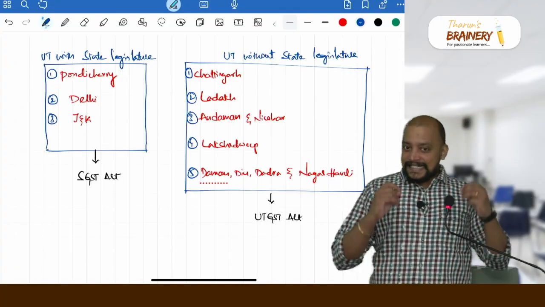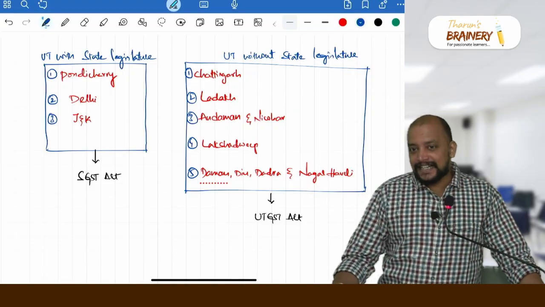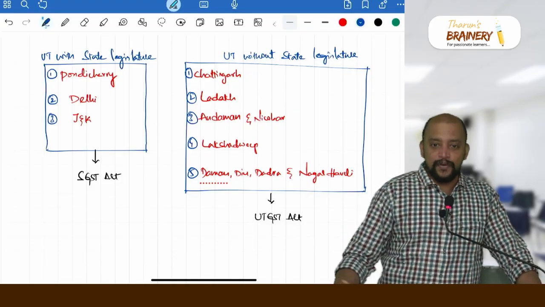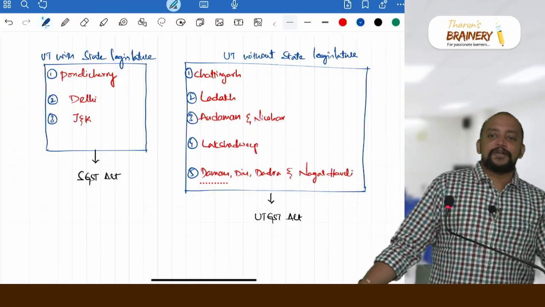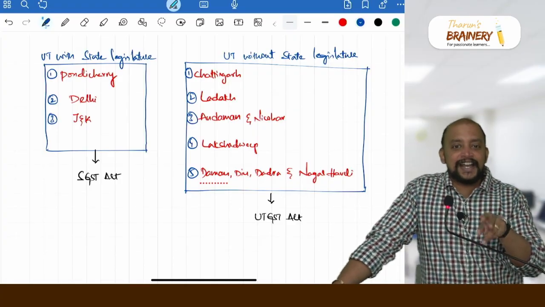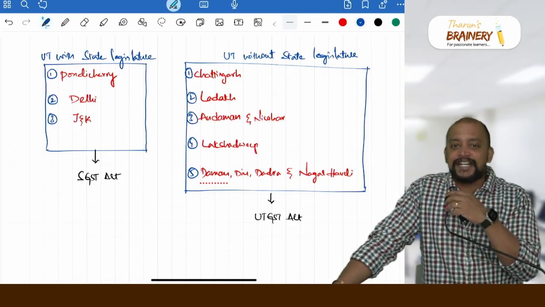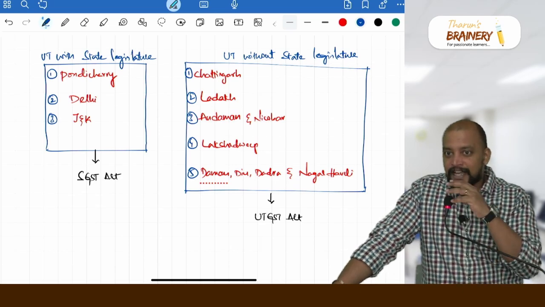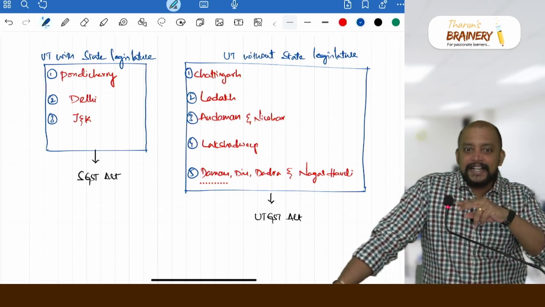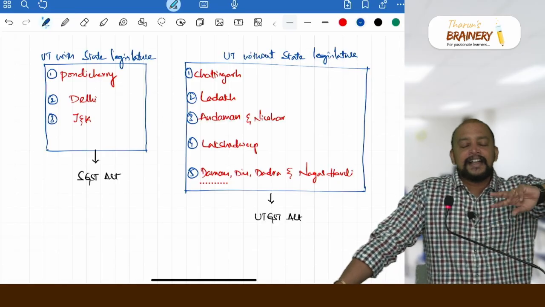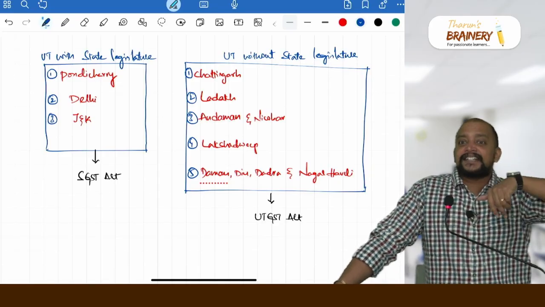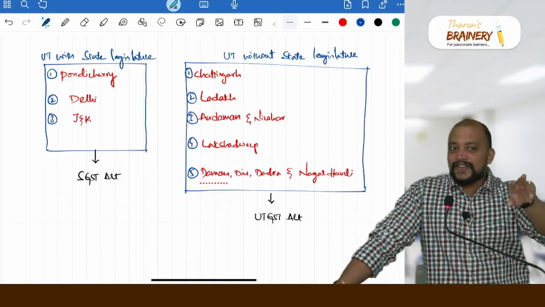And the only mistake that the central government made was that they should have made both the union territory of Jammu and Kashmir and the union territory of Ladakh complete union territories without state legislature. Now they made one with state legislature and one without. Where they made it with state legislature, elections were held.